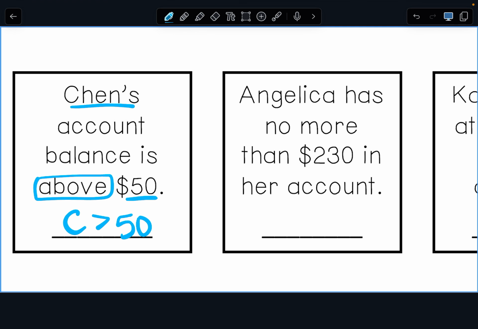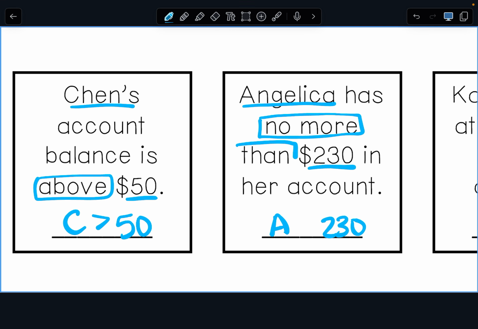Angelica has no more than 230 in her account. Angelica, 230. Now, what is the keyword here? No more than. Less than or equal to. So, why would you say equal to? How would you explain that? Because it says no more than. Let me explain.